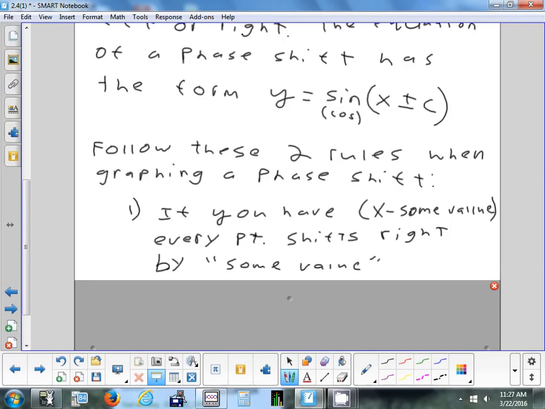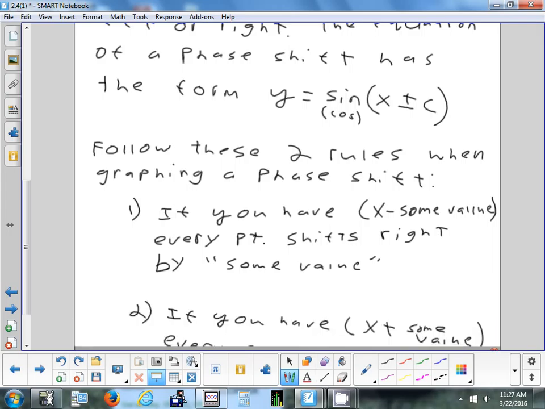Usually we shift something by 180 degrees, 90 degrees, or 45 degrees. Again, there's no reason why you can't shift it by 32.4 degrees if that makes you happy, but we're not going to do that. We'll stick with numbers that we're used to working with, like 45, 90, and 180.